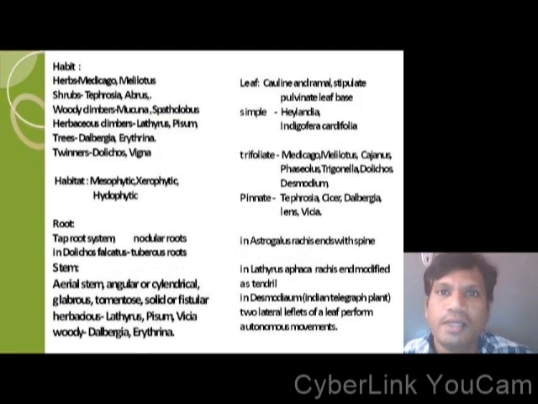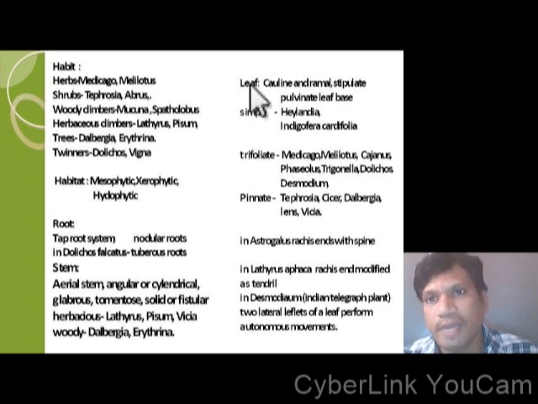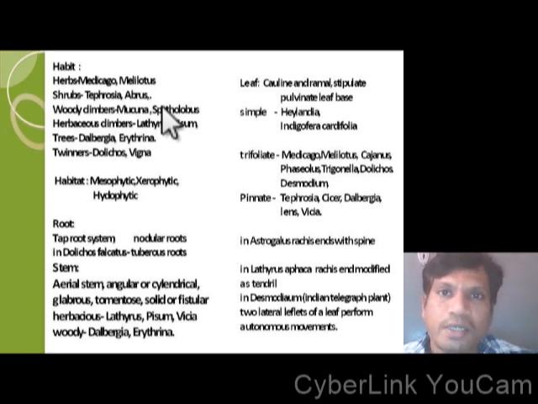Whenever we study the description of a family, we discuss the vegetative characters as well as the reproductive characters. We'll start with the habit and habitat. Coming to the habit, all types of plants are available in this family: herbs, shrubs, woody climbers, herbaceous climbers, and even twiners.